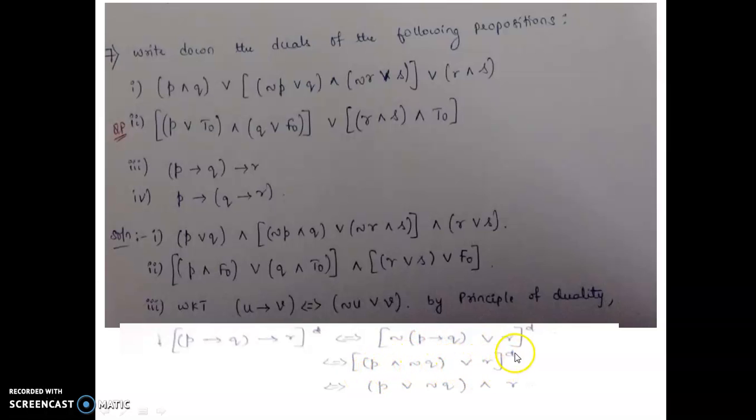Now apply the dual of this. P, and instead of and, or, negation Q. Now here there is an or, convert it to and, and write it as it is, R. So these are the first three propositions which are converted from the duality principle.